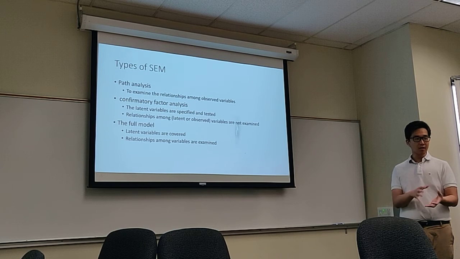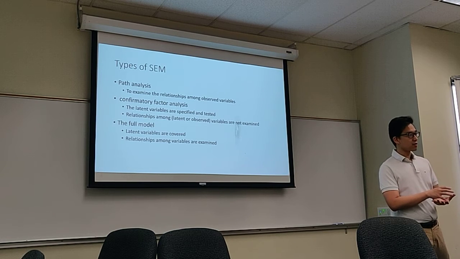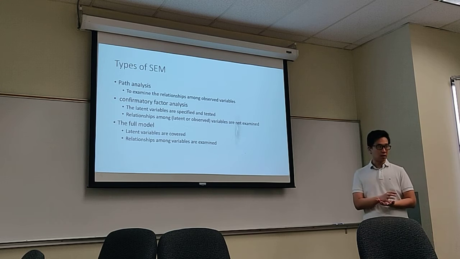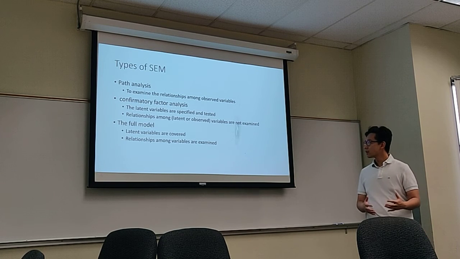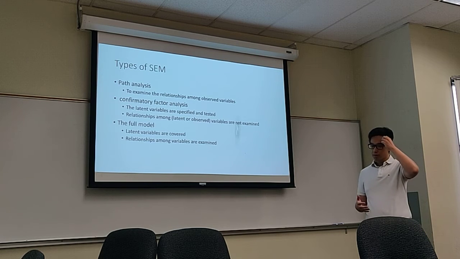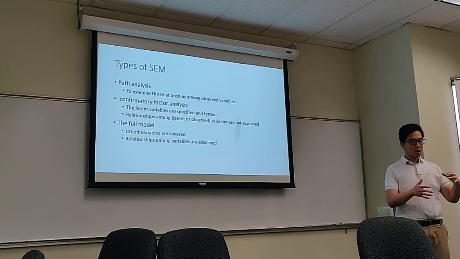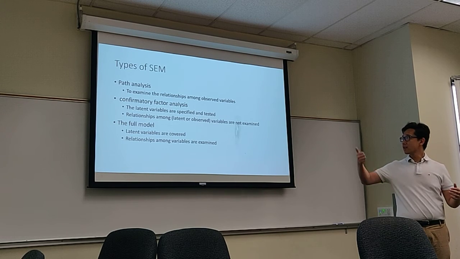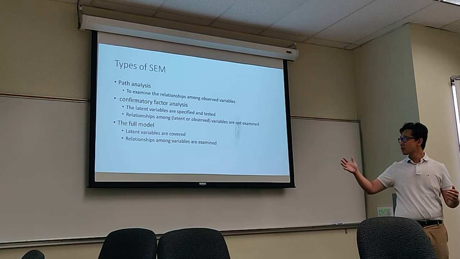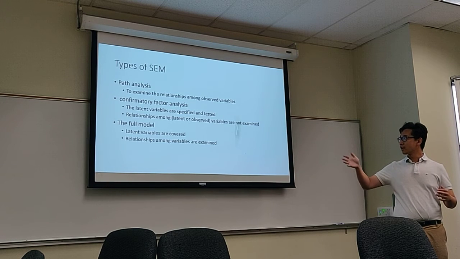It's a kind of a combination of path analysis and also confirmatory factor analysis. So it has everything. It has latent variables, and also in the model, the causal relationships are specified. So this part is like path analysis, but latent variables are covered. That part is like CFA.